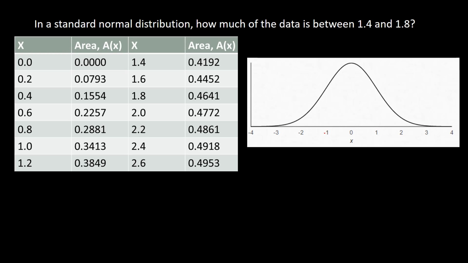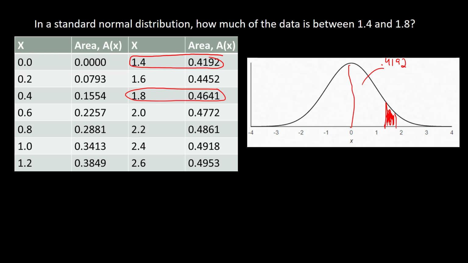Here we're trying to find the area between 1.4 and 1.8. So something like this, between 1.4 and 1.8. This one, we're looking at two different corresponding areas, right here and then right here. Now remember, this area given to us is the area between the x value and 0. So between 1.4 and 0, this area is going to be 0.4192.